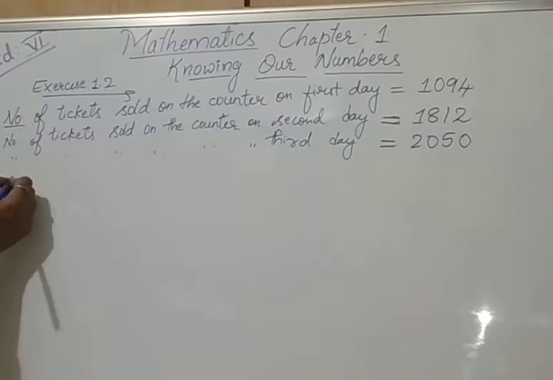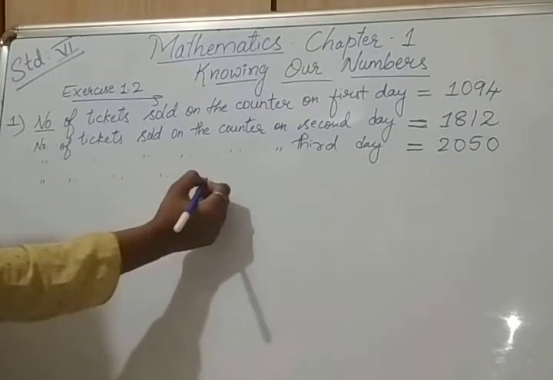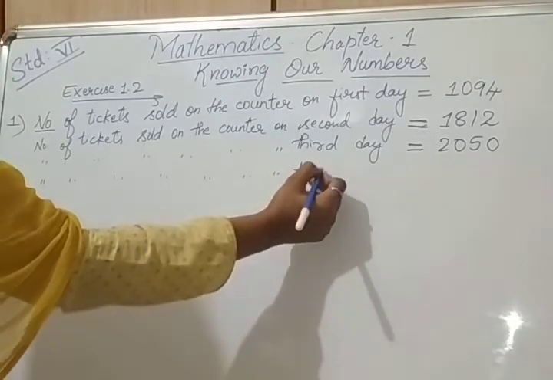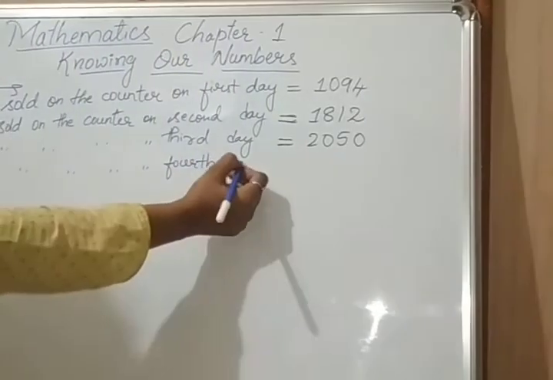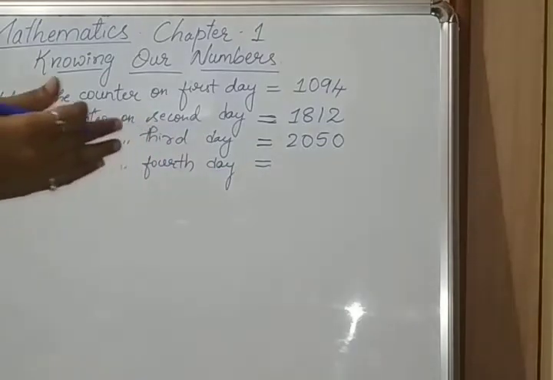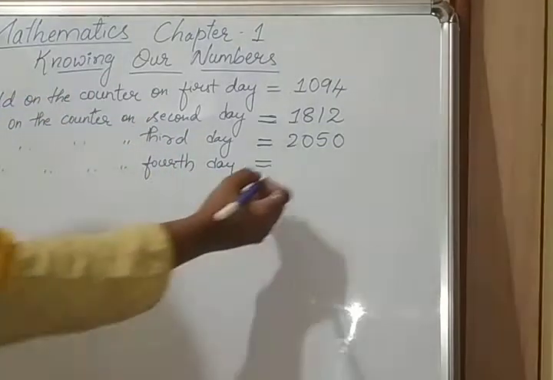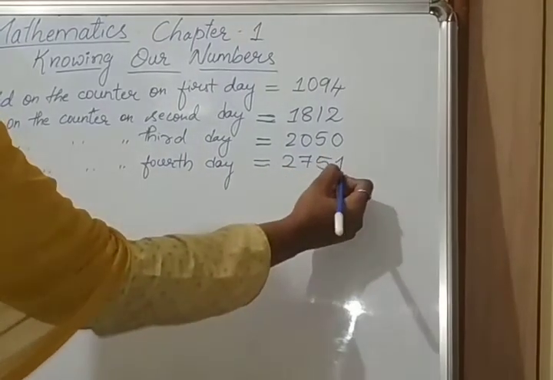So number of tickets sold on the counter on the fourth day equals how many? 2751.